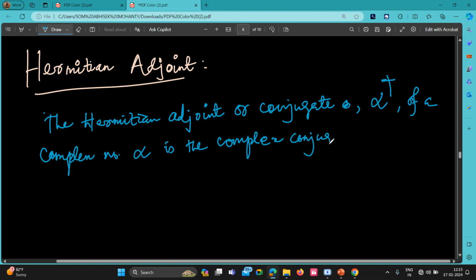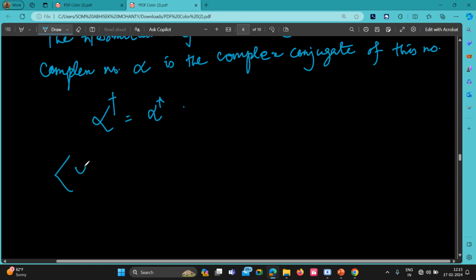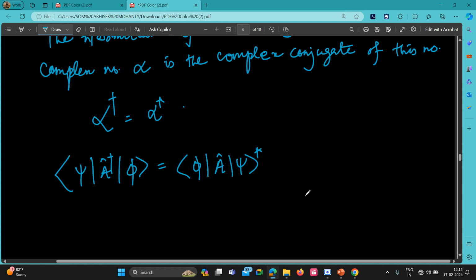So alpha dagger is equal to alpha star. We can write the relation: psi A dagger phi is equal to phi A psi star.